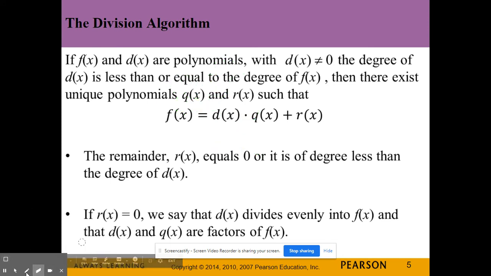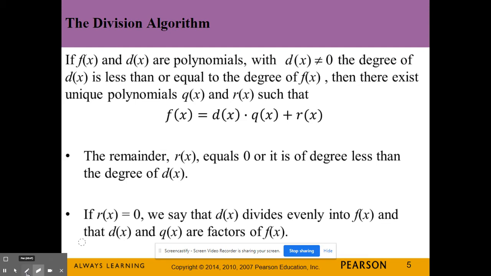So this is what's called the division algorithm. If f of x and d of x are polynomials, and d of x is not 0, the degree of d of x is less than or equal to the degree of f of x, meaning the thing you're dividing by has a degree that's less than the thing you're dividing.